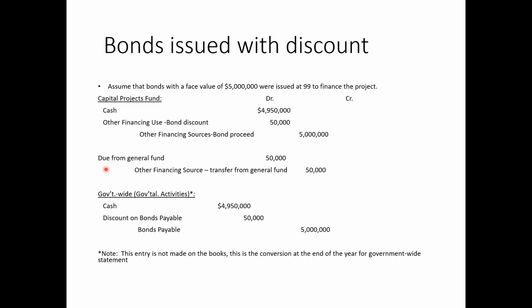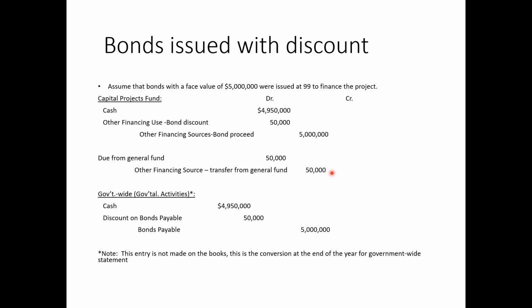Because of that, we're going to ask for money from the general fund. We ask for $50,000 from the general fund. So we have debit due from general fund, which is a receivable, then credit other financing source, transfer from the general fund, $50,000, so that we can have 5 million to start the project.